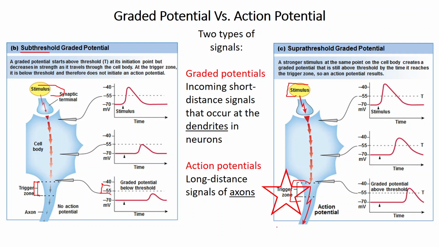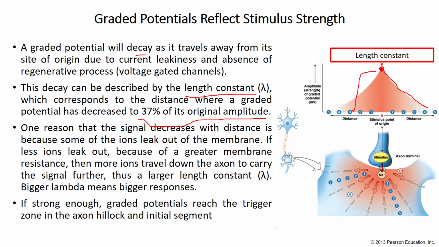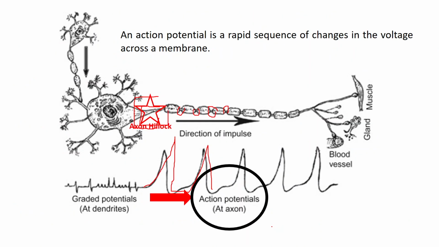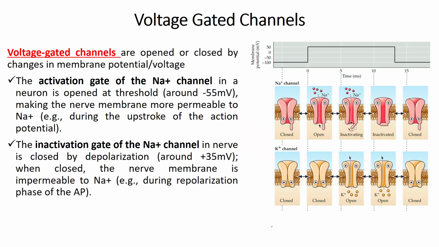Yes, as we will see in a second, we will learn about the ionic basis of the action potential. This is just to show you the sequence of events, from graded potential to action potential. I'll take some questions afterwards because I may answer some of your questions along the way, okay? If the graded potential was high enough to depolarize the axon hillock, this will result in the generation of the action potential.